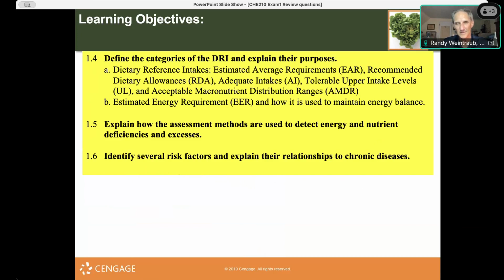For instance, high blood pressure, a diet that's high in sugar. What else? Well, things related to chronic diseases. For chronic diseases, we talk about cardiovascular disease, obesity, and diabetes.